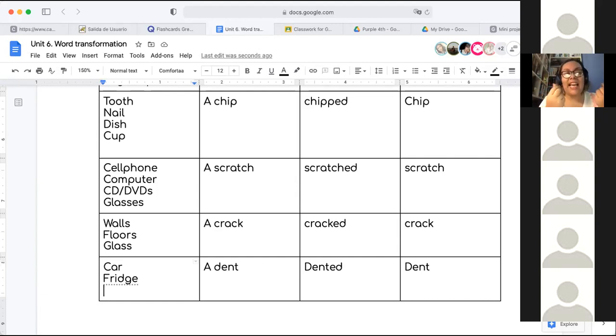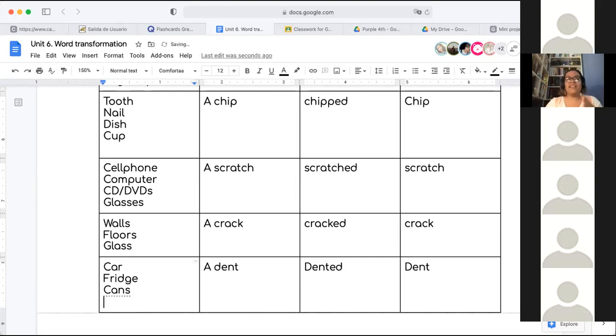I think they have to be kind of metallic to be classified as dented. Las latas, teacher. A la fruta le decimos damaged. Las latas, cans, yes, soda cans and any other kind of can that can be dented. Babies, si ven una lata que esté dented in the supermarket, don't buy it, okay, to be honest.